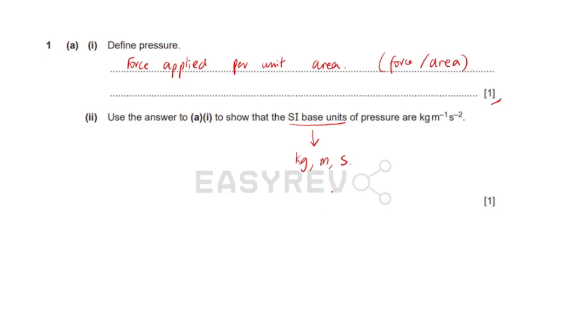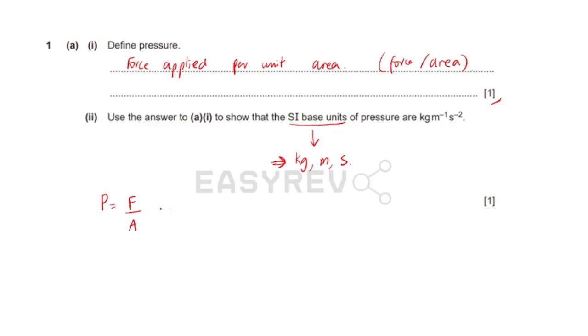So we can always start by first writing out the formula for pressure. Pressure equals force per unit area. And then we just have to break down each formula as much as we can until we can write something in its simplest base units.